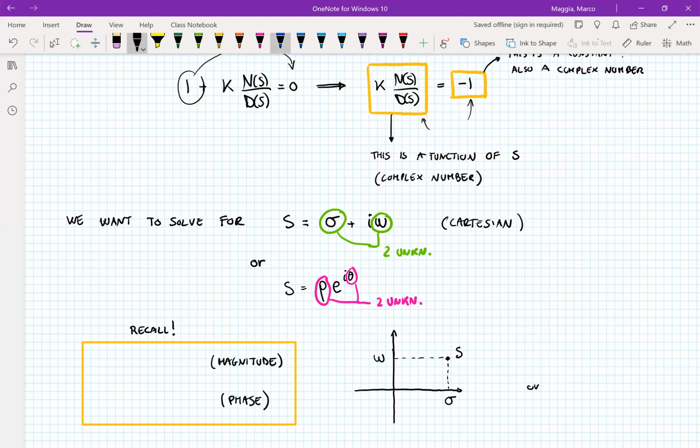But if we draw a vector from the origin to the point S, then the length of this vector is rho, and the angle that it makes with the positive real axis is called the phase, or in this case, we've called it theta. So it's the same complex number with two different representations, either the Cartesian one or the polar one.